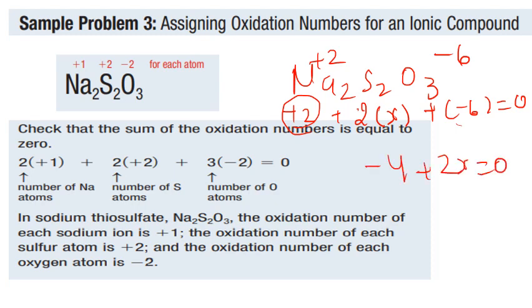It should correspond to 0, so 2x should be equal to 4, then x should be equal to 2. So one sulfur atom corresponds to a +2 oxidation number. Make sense? So 2 sulfur atoms correspond to +4. You can cross check your answer: +2 plus +4 is +6, and this is -6, right? They should add up to give you 0 as the answer. Okay, so I hope that's clear.